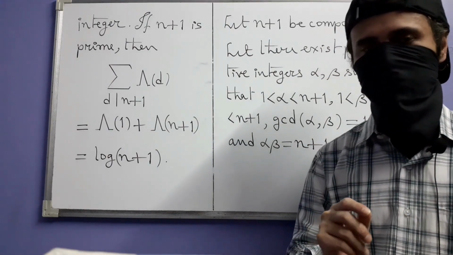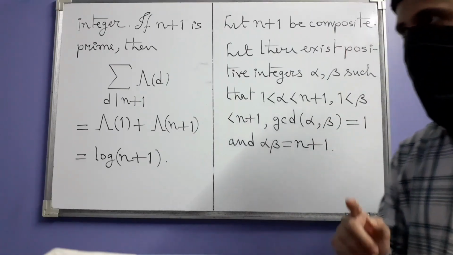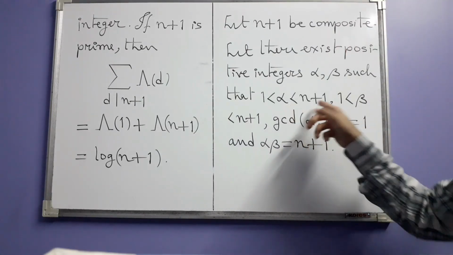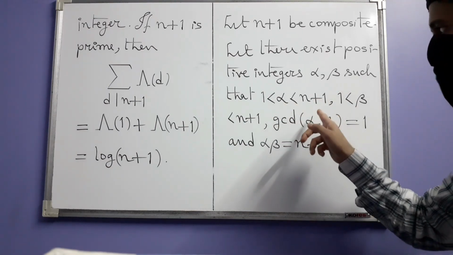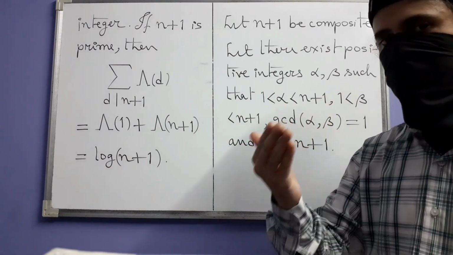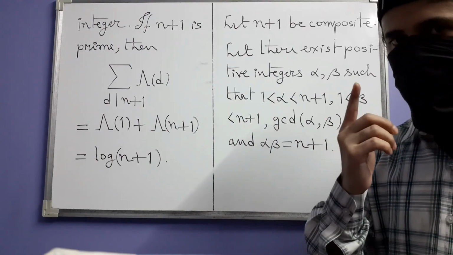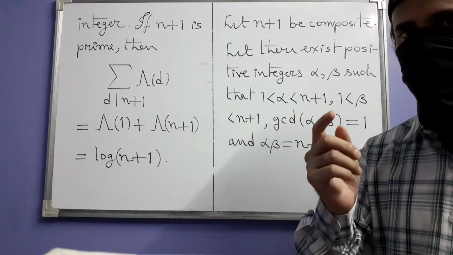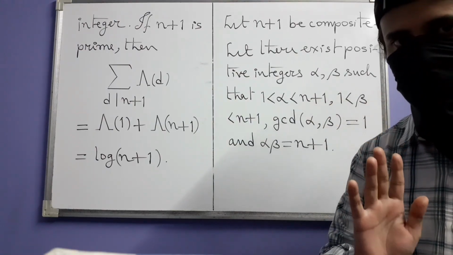For example, if you take the number 4 itself, for the number 4, will you find such alpha and beta? See, alpha and beta both have to be greater than 1 and less than 4. So there is only one possibility, that both of them have to be equal to 2. But 2 and 2 are not relatively prime.